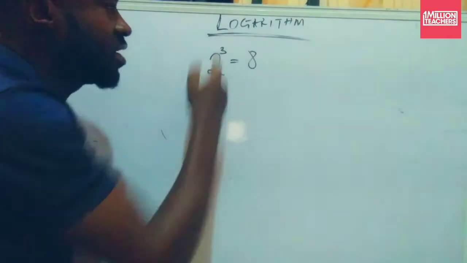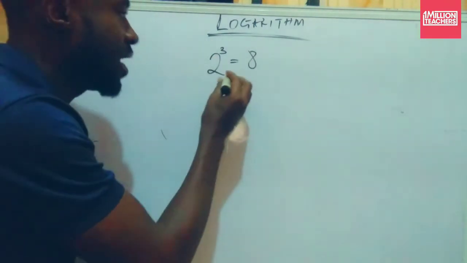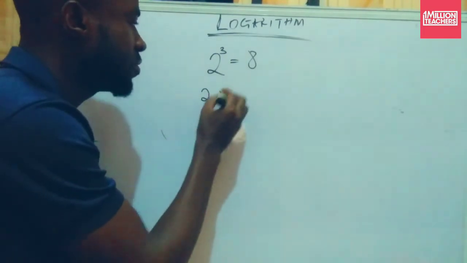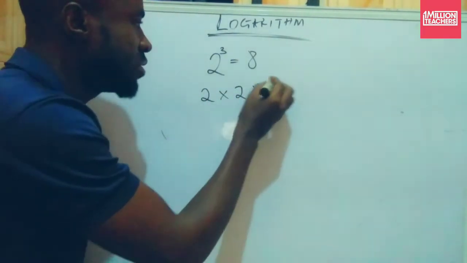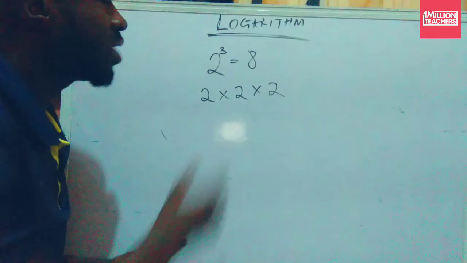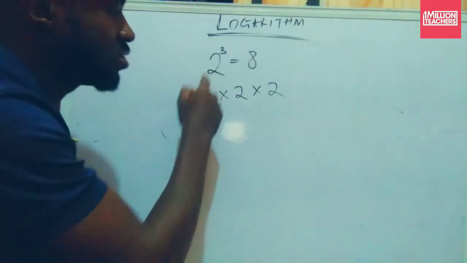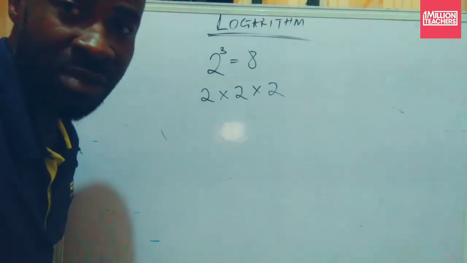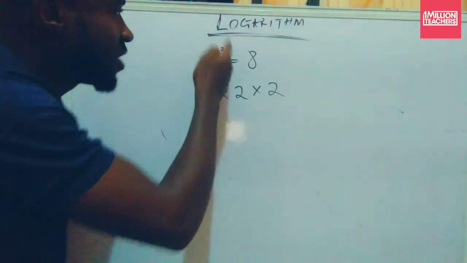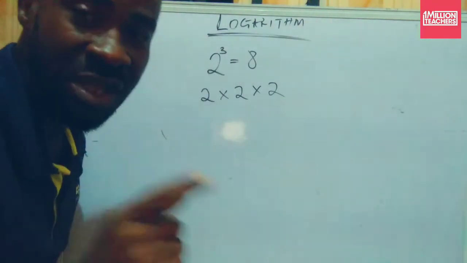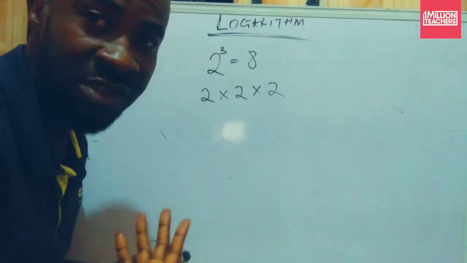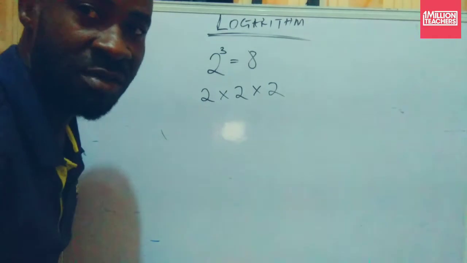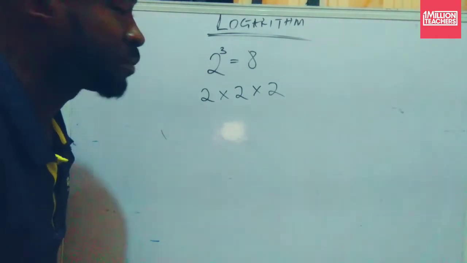This power here is telling us that 2 multiplied itself 3 times, 2 times 2 times 2. And that is what logarithm is all about. Logarithm tells us about the power. It tells us how many times a base is able to multiply itself to give a particular number.